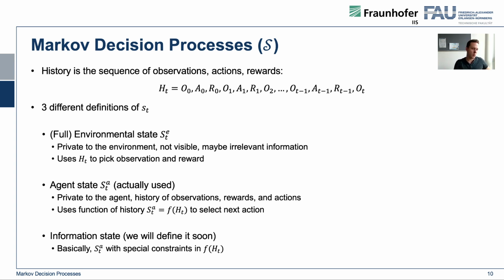So if the beginning is always the same, your state is fully defined by the whole action, state, reward sequence that you got. And from this, you can define 3 different definitions that let you define s_t.